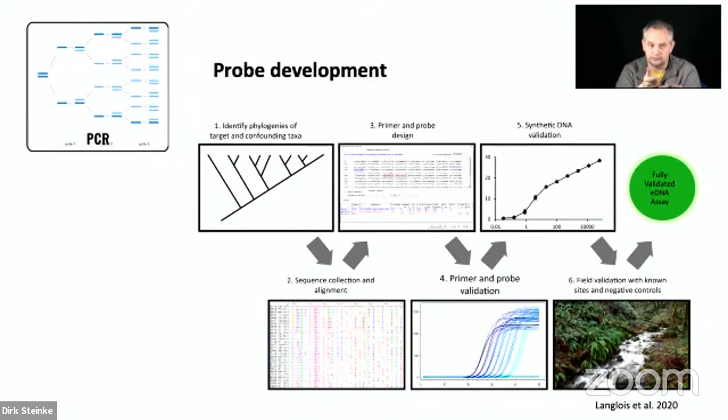And you test the primers, you validate them a couple of times. You can do that even by using synthetic DNA, so actually DNA that has been built for that purpose. That helps you quantifying and gives you an idea of the validation curves. And then you try it with your field samples. It's an elaborate process, but you do it only once for a particular assay.